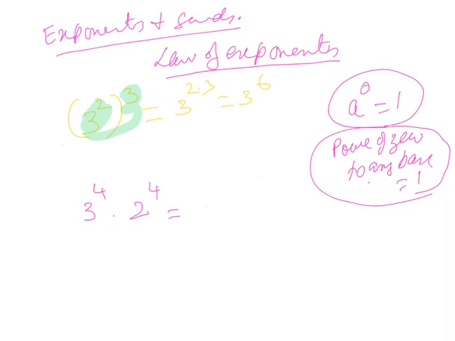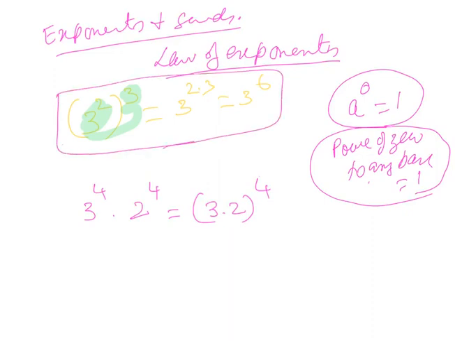So when the powers are the same, I can multiply out. In fact, it is the reverse of the brackets law here, and that is 3 times 2 to the power of 4. That means when the powers are the same, I multiply the bases. The same rule also applies for division.